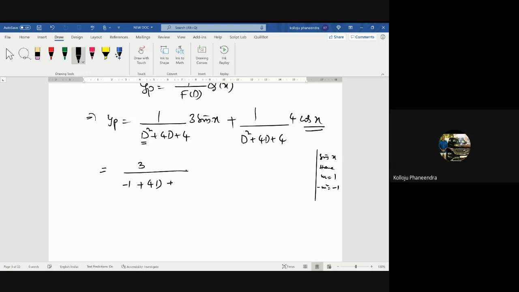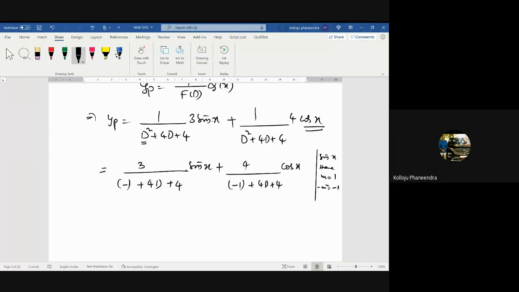Plus, don't replace d terms; keep d terms as they are, don't touch d terms. When sine is there, cosine is there. Next, 4 by minus 1 plus 4d plus 4, cosine x.